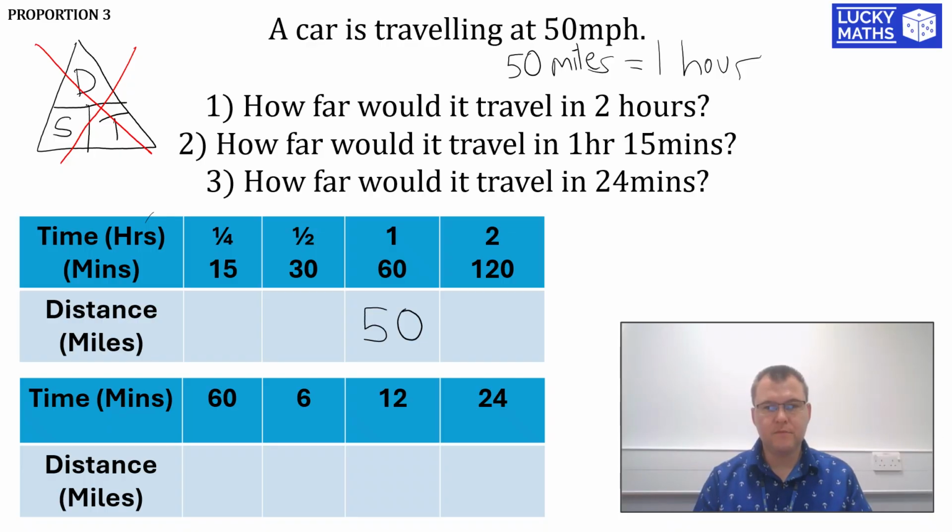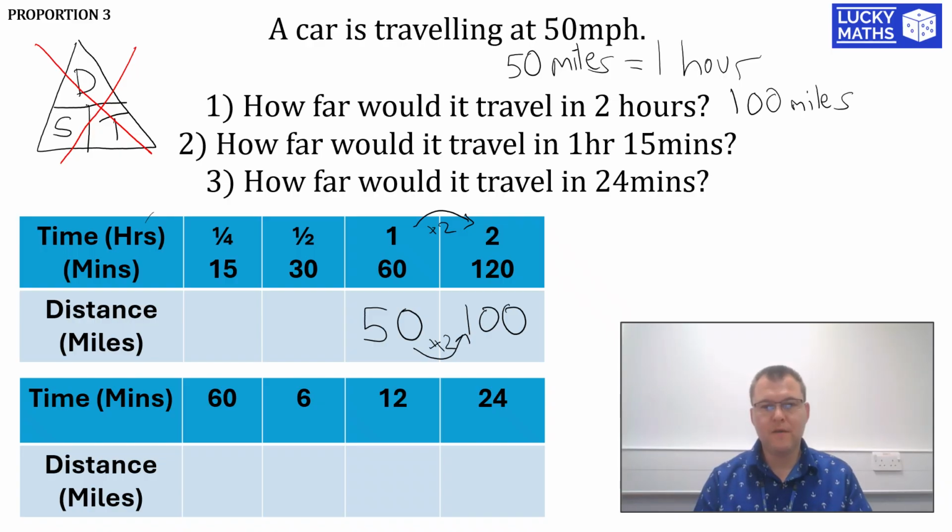So in 1 hour, the car can go 50 miles, which means with all the work we've done today, to turn that into 2 hours, we can double the 50. So in 2 hours, the car is going to travel 100 miles. Okay, so that's your first answer.